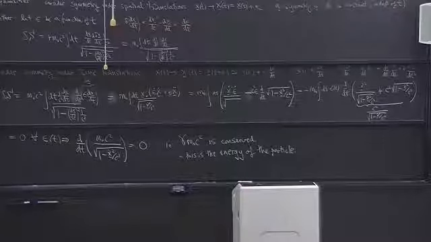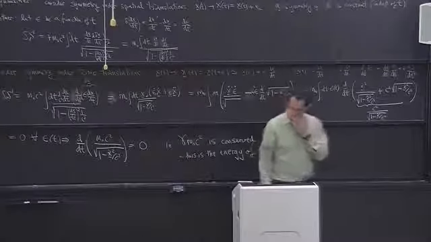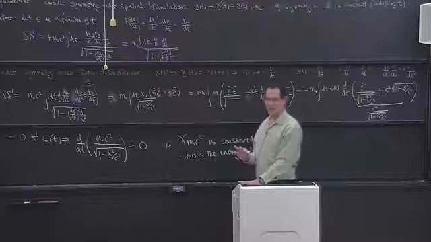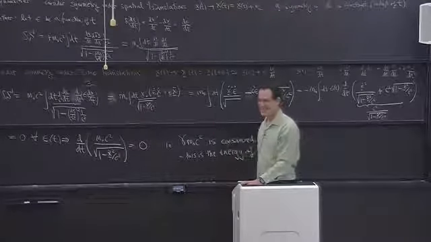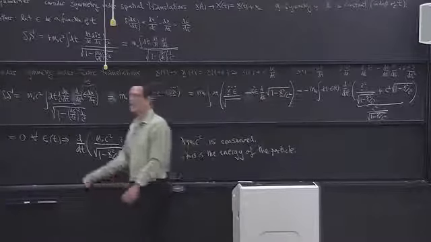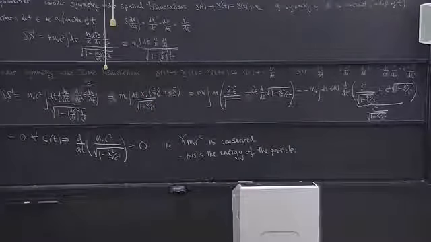Could you choose proper time? No, because, let me think about that. Proper time is invariant. Energy is not invariant. So there's no way you can use an invariant thing to derive a non-invariant thing. No. A similar issue arises when you consider Lorentz transformations, because some of them are rotations. Rotations only mix the spatial axes, so those are fine.